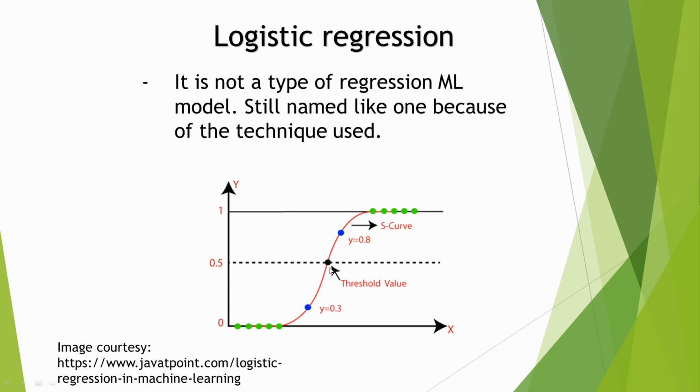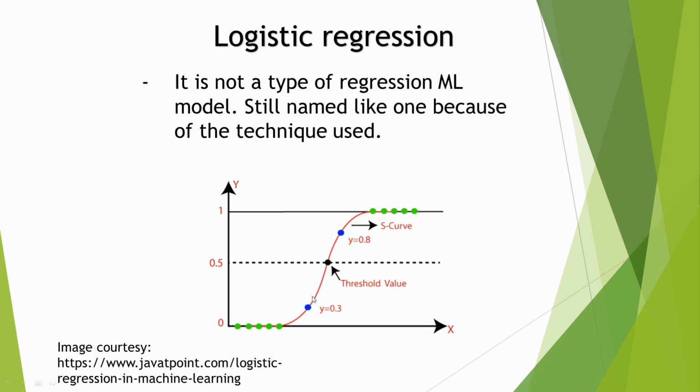What this threshold value signifies is that if the X value falls right here after the threshold value, it is more likely that Y's value is 1. And if the X value falls behind the threshold value, it is more likely that Y value will be 0.